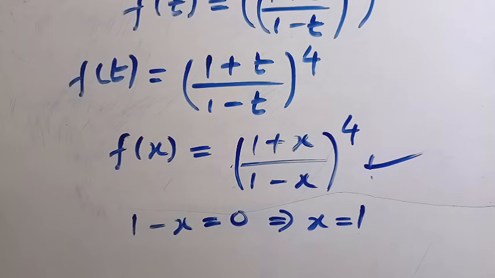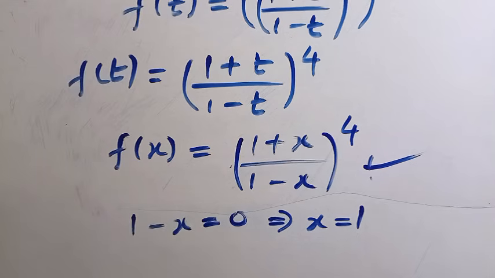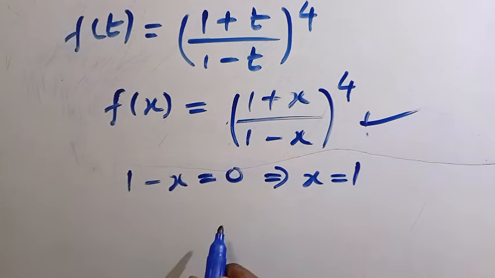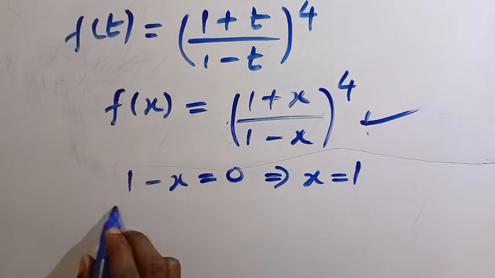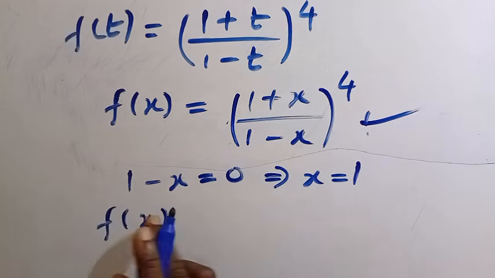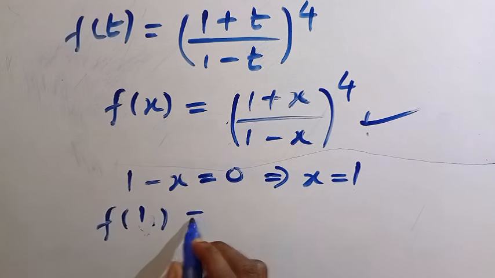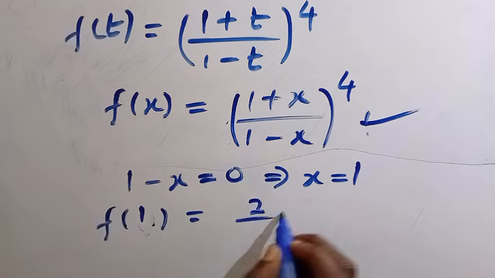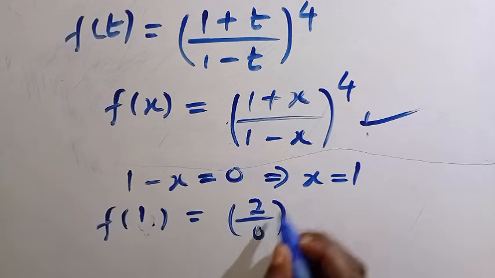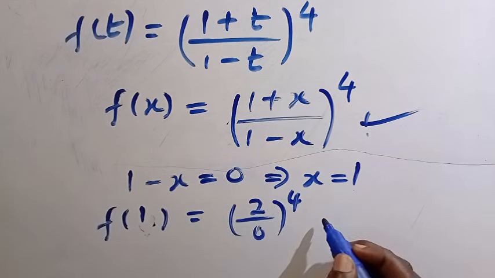If x is given as 1, this equation will not be valid. How do we know that? If we substitute, f of 1 equals 1 plus 1, that is 2, over 1 minus 1, which equals 0. This does not make any sense; it is invalid.